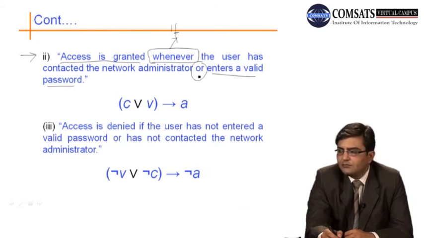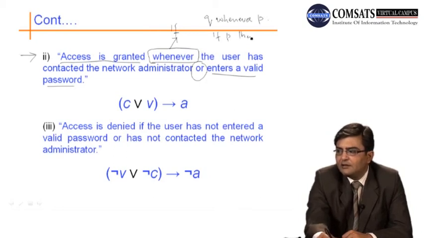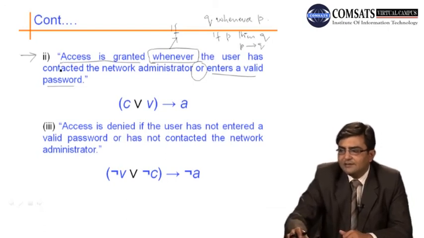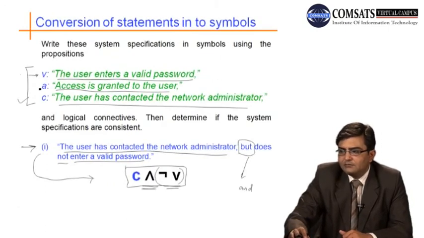So I have told you there is another form of conditional statement, Q whenever P. So this is basically logically equivalent to if P then Q, or P implies Q. Access is granted is basically A. This is proposition A, access is granted to the user.